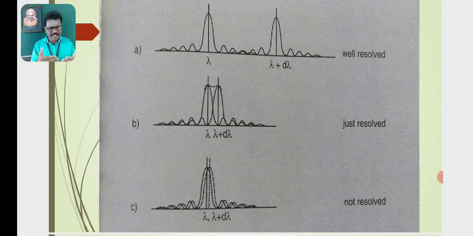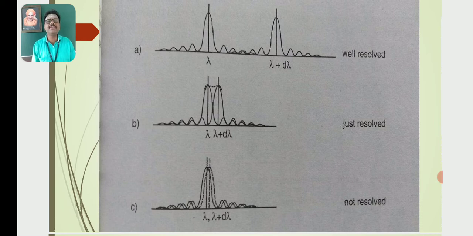Then you see the third diagram. If the distance between the two diffraction patterns is reduced further, the central maximum of one overlaps with the central maximum of the other. That means there is no separation.